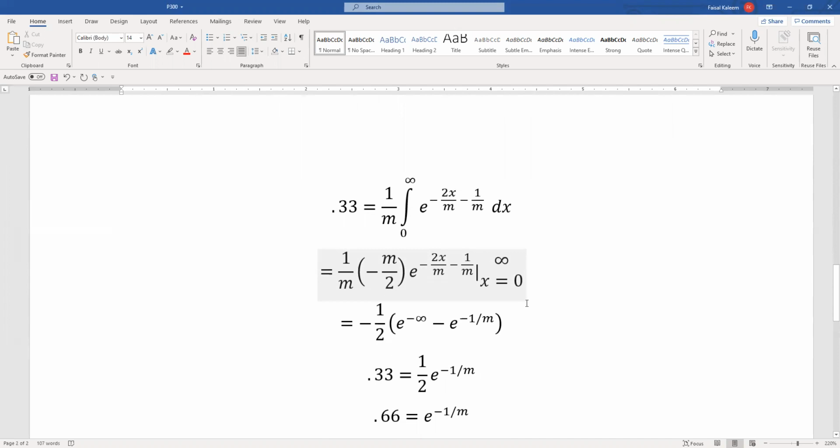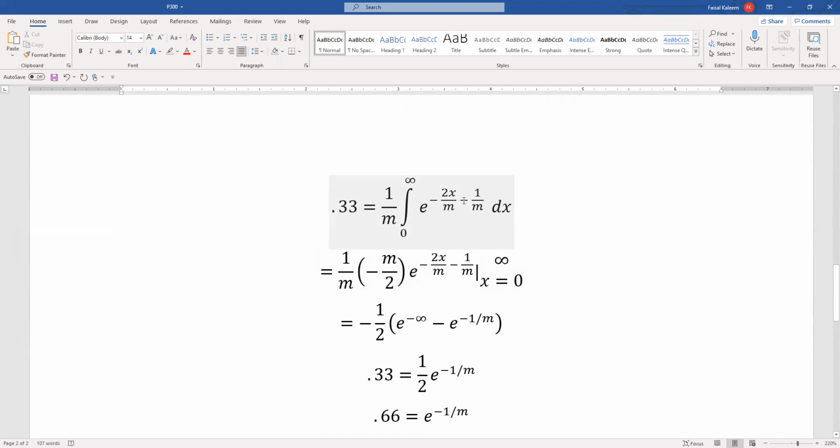So this is what we have. Now the integral of e to the negative 2x over m minus 1 over m is e to the negative 2x over m minus 1 over m divided by negative 2 over m, because negative 2 over m is the derivative of this exponential power.